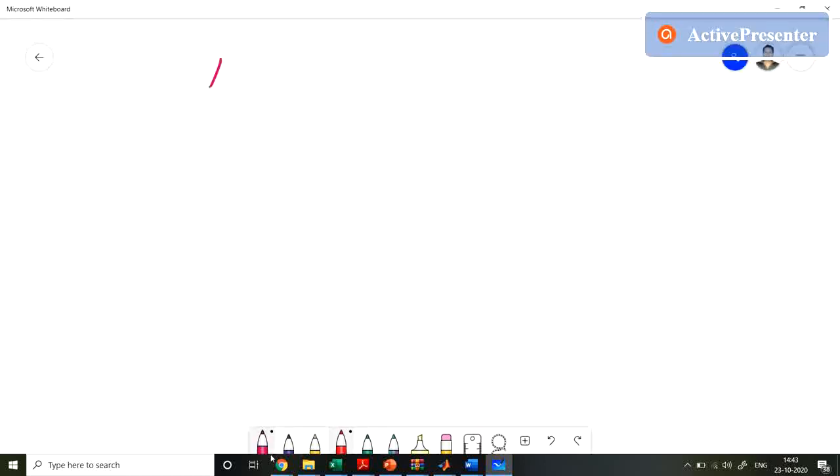So the z transform is nothing but 2z raised to the power minus 0. Please understand that plus into plus, we are just applying the sampling property here.